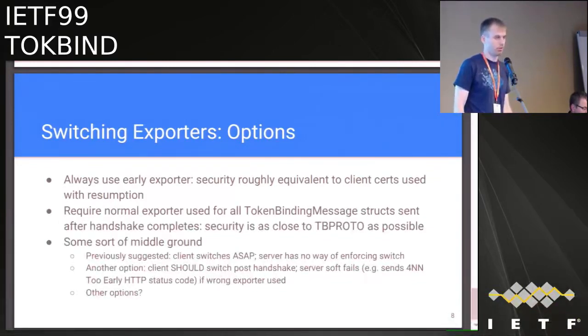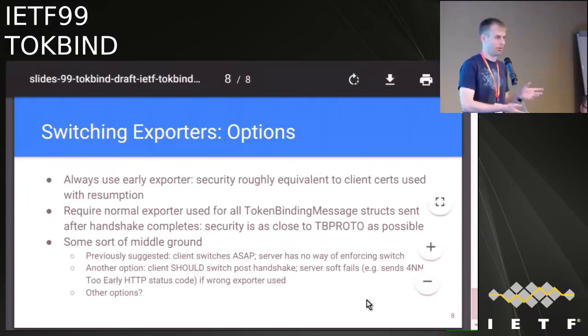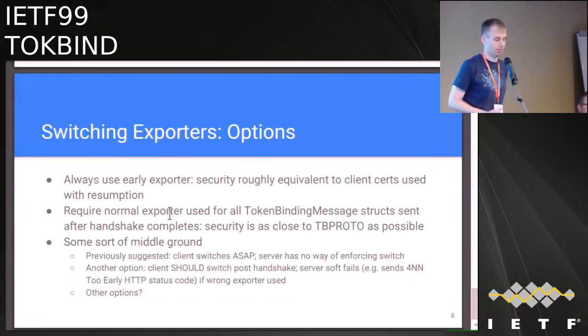One of the other options that have been discussed is to require that the full strength exporter be used for all token binding messages that are sent after the handshake is completed. It still has the early exporter in use for the first flight, but this pushes things as close as possible in the direction of the security in TB Proto.